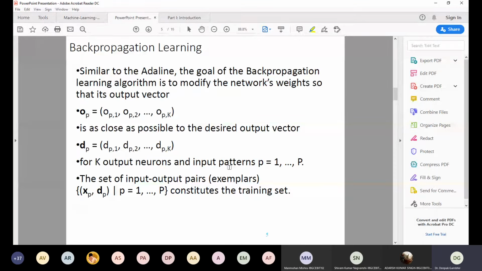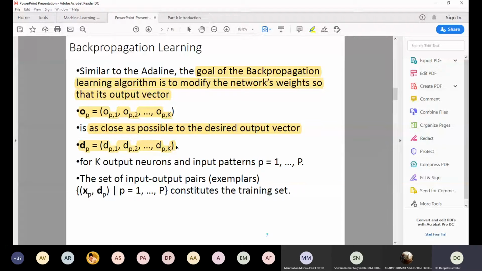So we were now doing the backpropagation learning. In the case of backpropagation learning, the goal is to modify the network weights so that its output vector OP1, OP2, up to OPK is as close as possible to the desired output vector DP1, DP2, up to DPK.